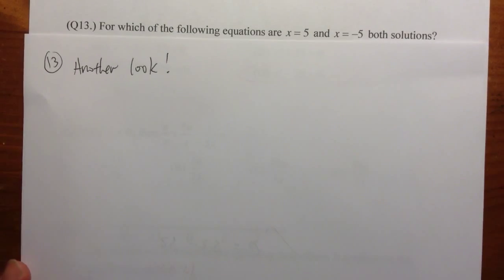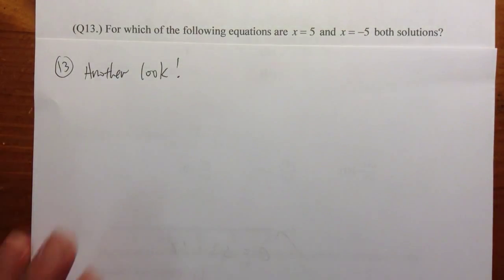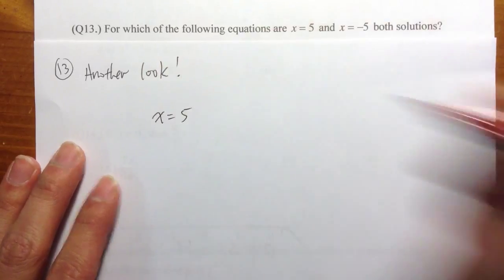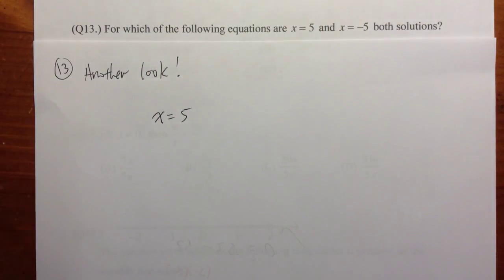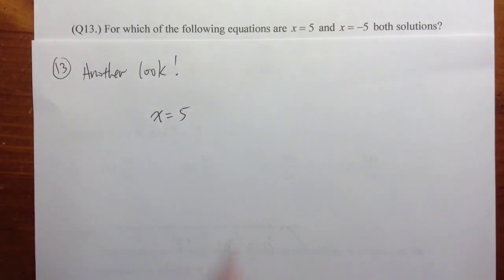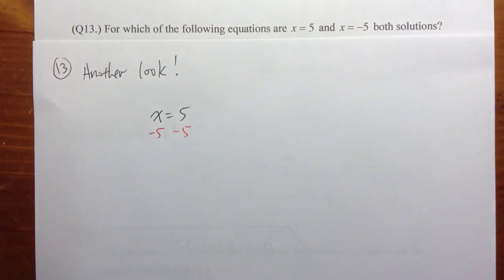I'm going to construct an equation that these two are both the solutions. So take a look at x is equal to 5. This may be a little bit unusual, but this is how we will do it. Why am I going to do this? I want to subtract 5 on both sides.